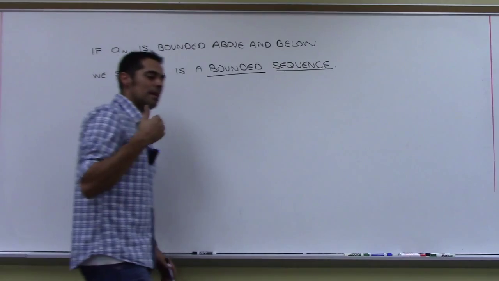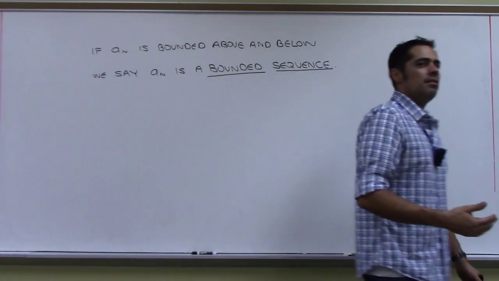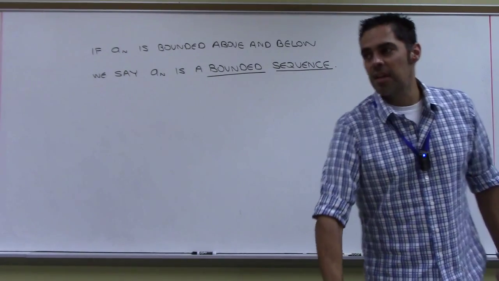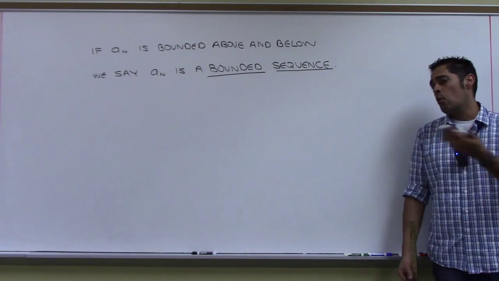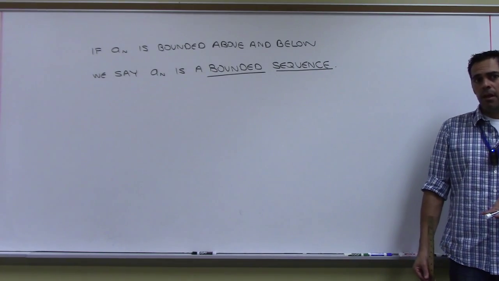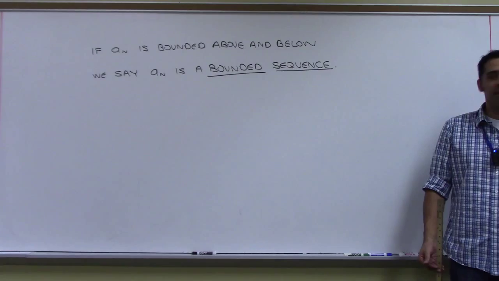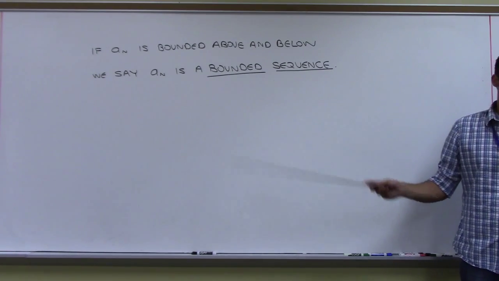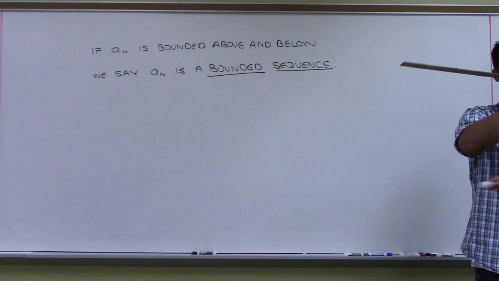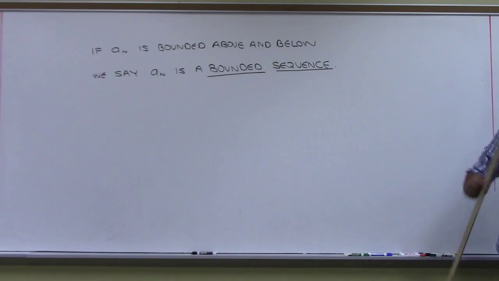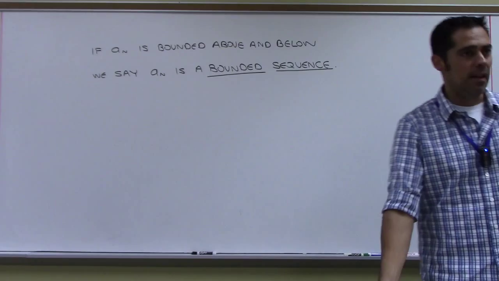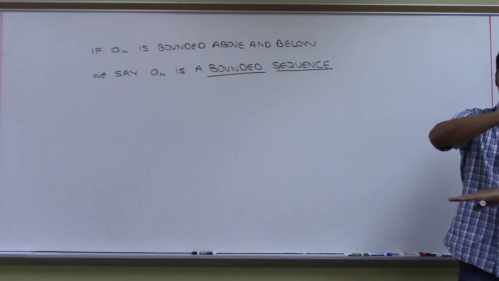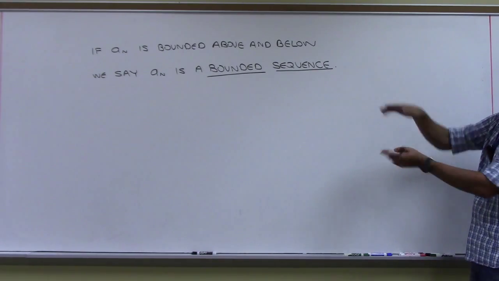If you say that something is bounded, at least for me, it would make more sense to mean that it's bounded above or possibly below. And then in that case, it's bounded at least in one direction. But when we say bounded here, we mean bounded above and below at the same time. That's the only way you can ever say a sequence is bounded, if it has an upper and lower bound. Right? It's fixed between two lines.